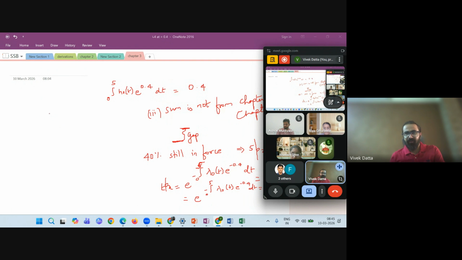You all know or don't know? E raised to x is e raised to x, correct? So what do I get? I get e raised to, outside. Again, I can take that out of the integral. Yes, I can. All I need on this side is this.